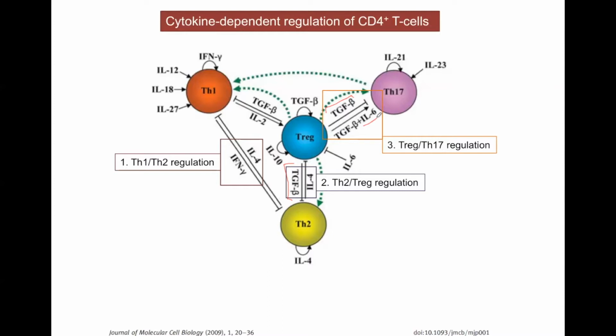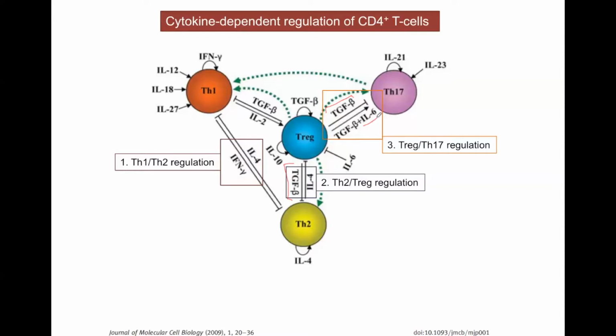For example, in asthma, where we see lots of T helper 2 cells, you might reasonably assume that someone who has asthma also has lots of interleukin 4 being produced. And that is indeed exactly the case. Whereas someone with a very strong Th17 response has lots of interleukin 6. And again, this is exactly what we see.